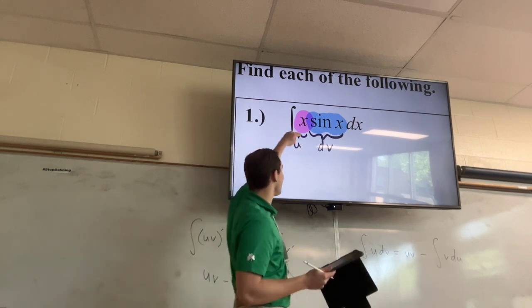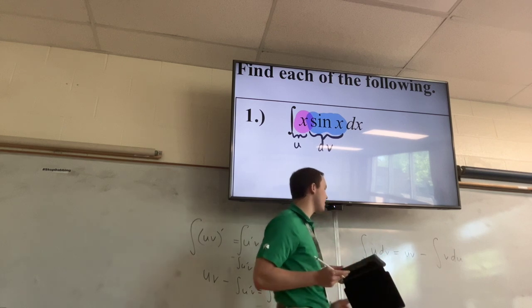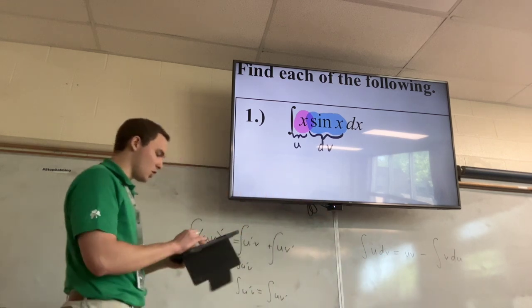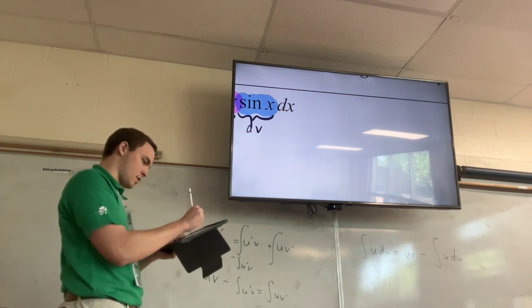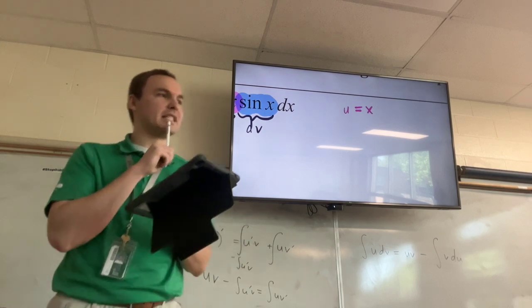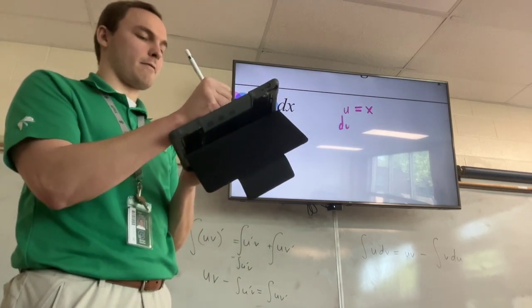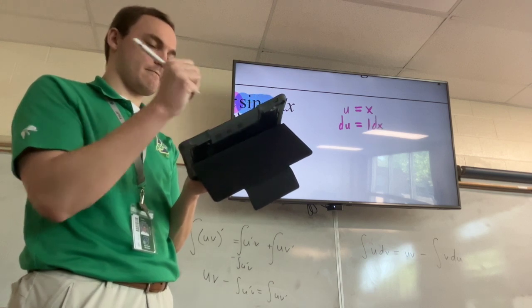I've got to pick one to be u, and I've got to pick another function to be my dv. So u equals x. What's du going to be if I take the derivative? It's going to be 1 dx, right?